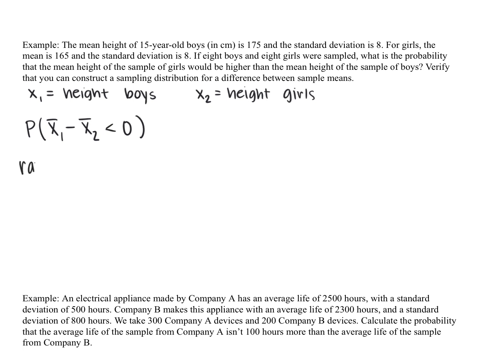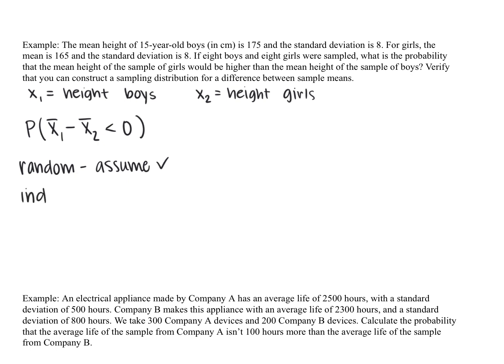So first I'm going to check my 3 conditions. First I'm going to check random, which we're going to go ahead and assume here that when we selected our 8 boys and 8 girls, we did select them randomly.